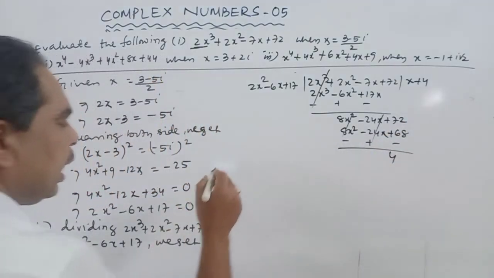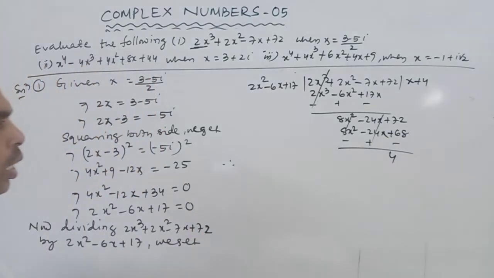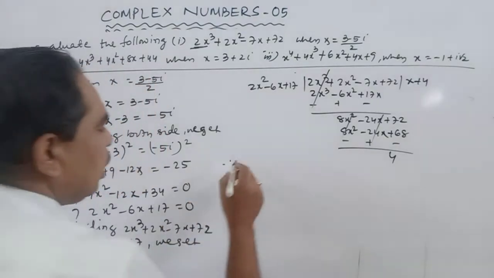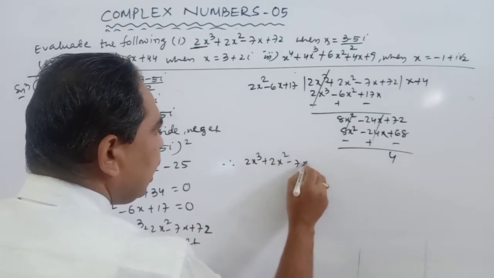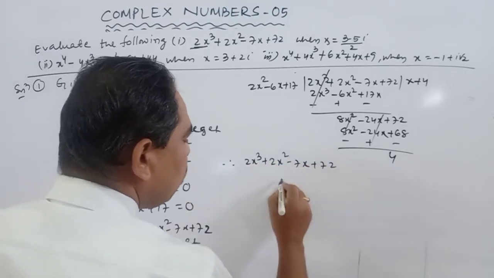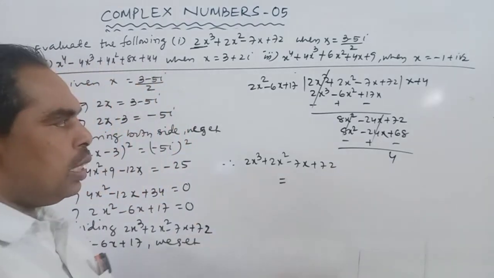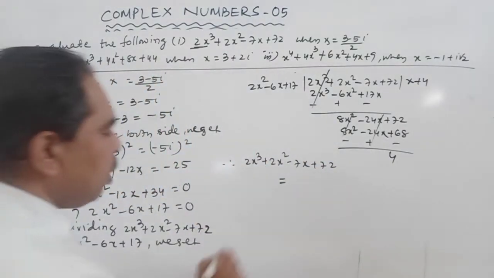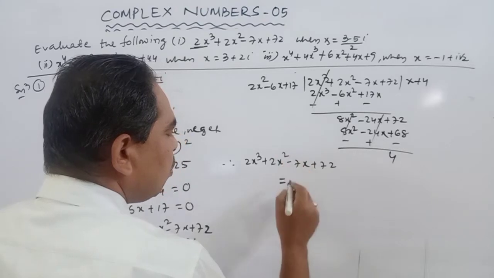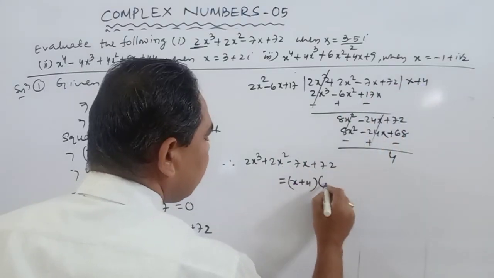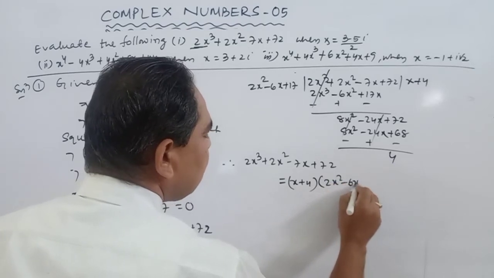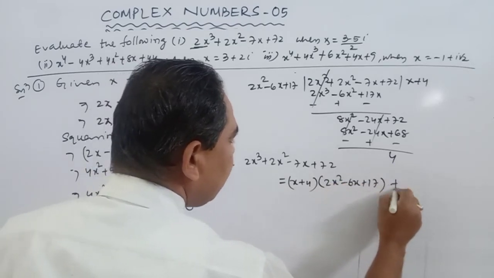Okay, therefore 2x cube plus 2x square minus 7x plus 72 is equal to, means dividend is equal to divisor into quotient plus remainder.